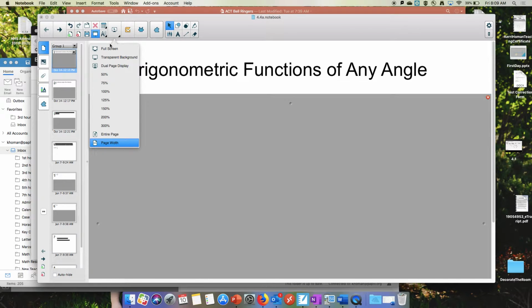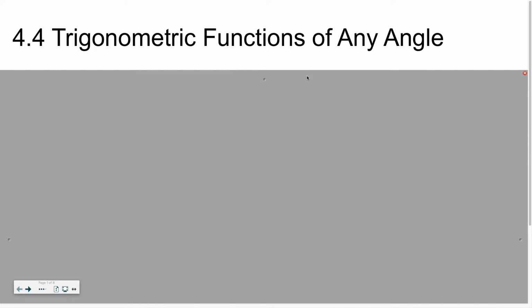Okay, so over the next 2 days, so today and Monday, we're going to be talking about trigonometric functions at any angle. Now, we've kind of done this with our unit circle, and today we're going to stick with angles on the unit circle to still continue to work with.